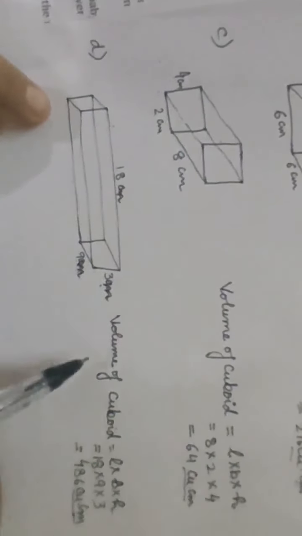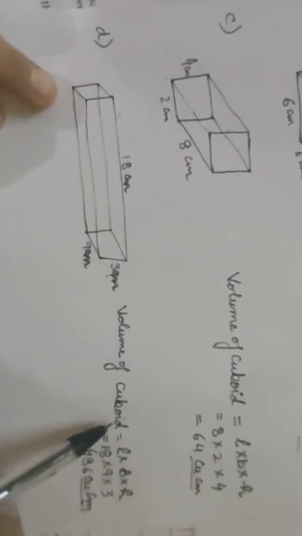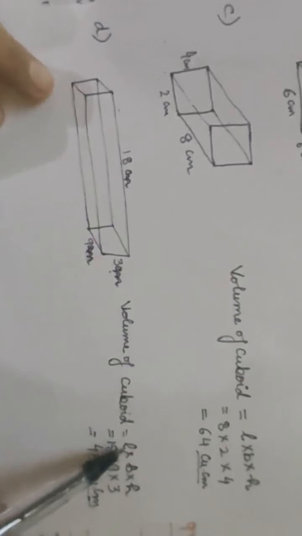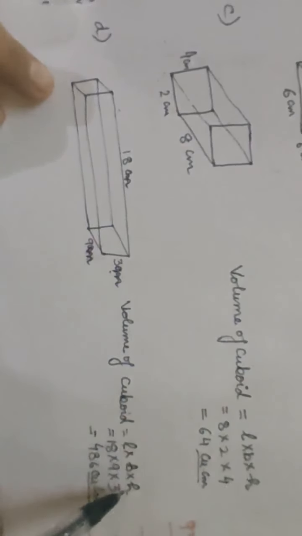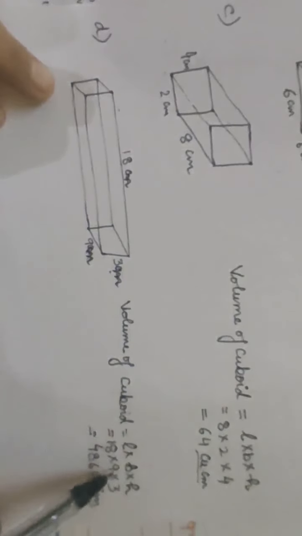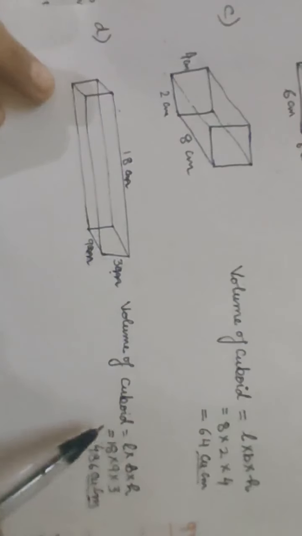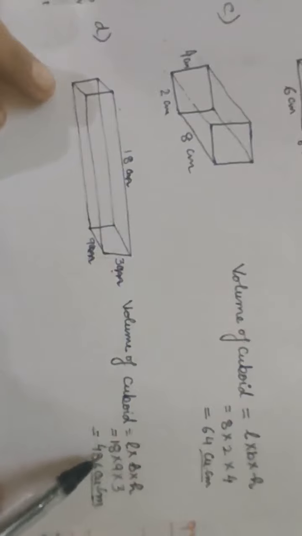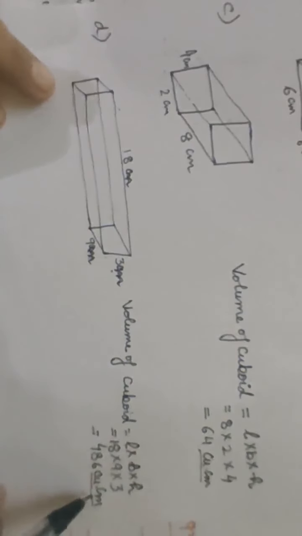This is a cuboid. So the volume of cuboid will be equal to length multiply breadth multiply height. 18 multiply 9 multiply 3. When we multiply these numbers, we will get 486 cubic centimeter.